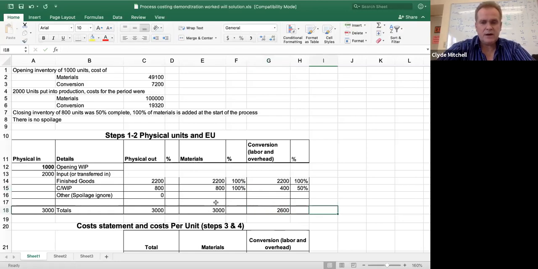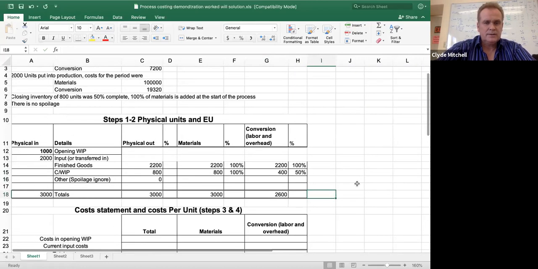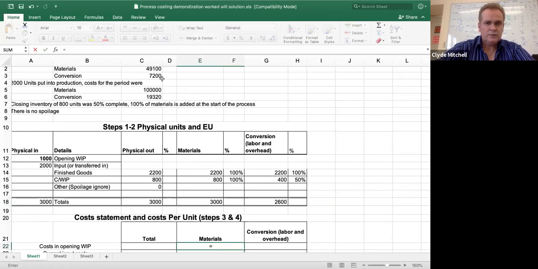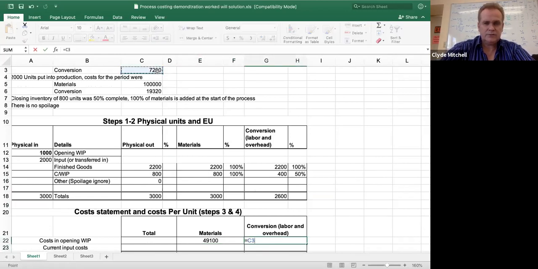Right, so we now have our equivalent units. We've finished step one of physical unit reconciliation. Step two, equivalent units we've done. We need step three, which is our costs. So here we'll go and look at our opening work in progress. And we had materials equal to 49,000. We had conversion equal to 7,200, giving us a grand total of, we add them together, 56,300.